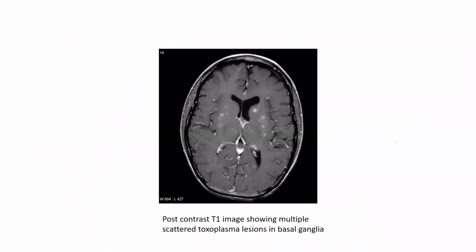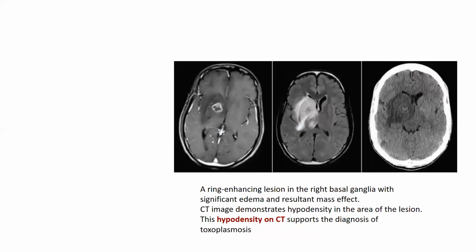So here again, you have toxoplasma lesions, which are typically seen scattered around the basal ganglia. That area, it is usually more commonly seen. So here you have again a patient with a basal ganglia ring enhancing lesion. What I want you to focus on is the CT.